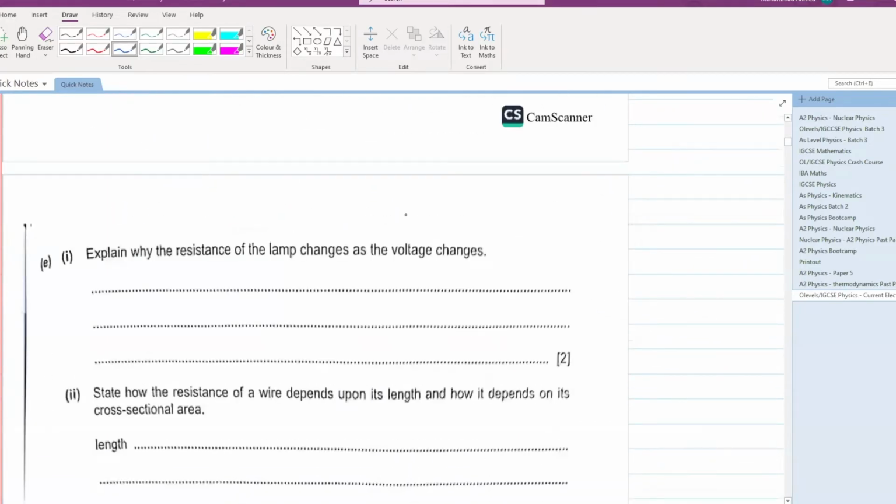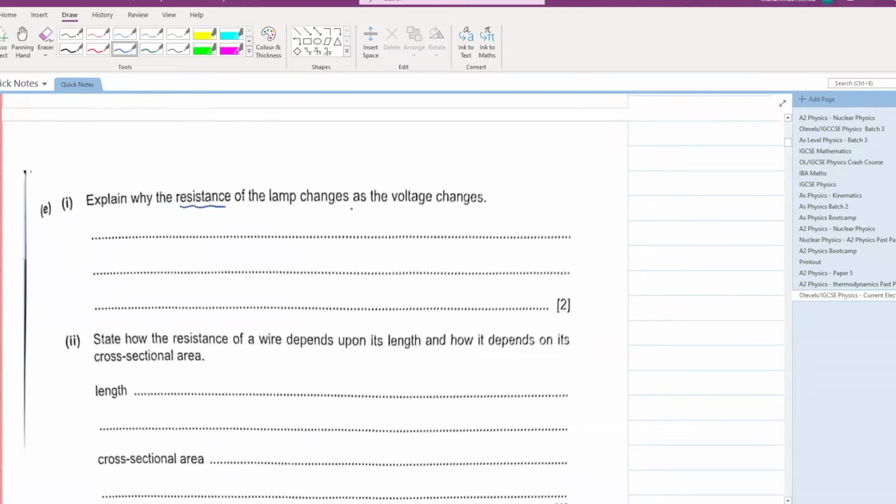Let's further move ahead. Explain why the resistance of the lamp changes as voltage changes. So you can say as voltage increases, this causes the temperature to increase, or change, you can say, to change.